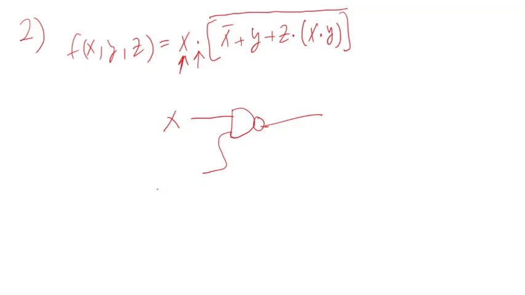I'm going to do an OR gate here, and from this OR gate I have x' and y as inputs, and the third input is z.